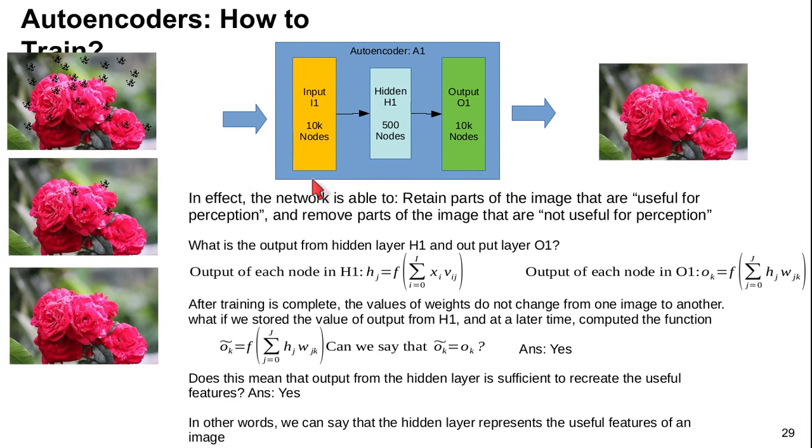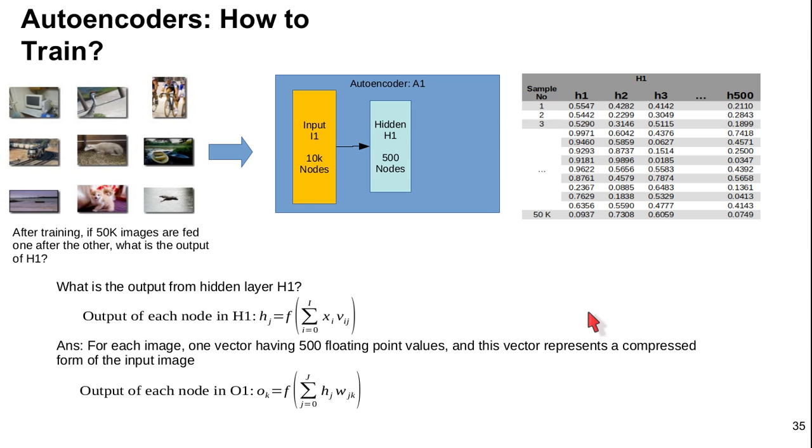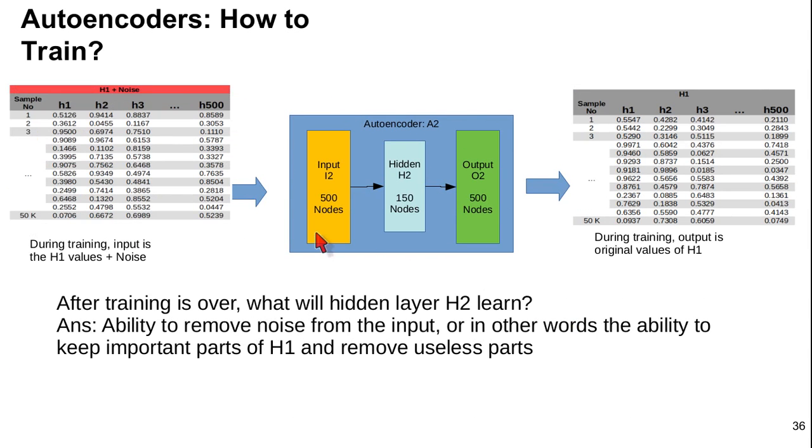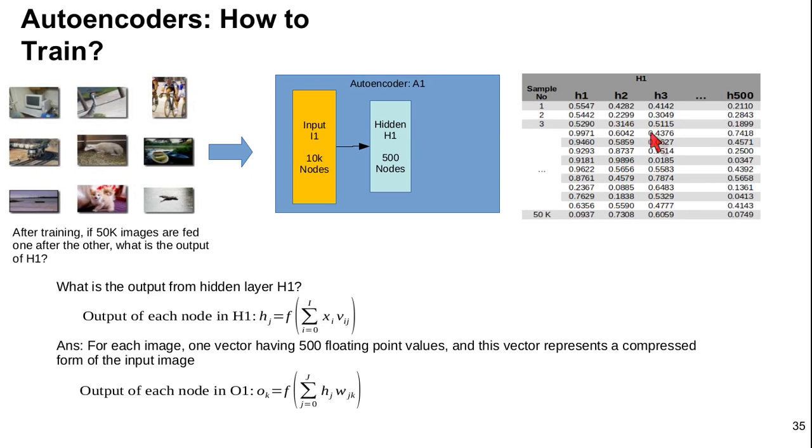Autoencoder A1 was trained to take as input images that contain noise in them, and in the output layer remove this noise. Let us train an autoencoder A2 which has a slightly different configuration and operates on the features that are obtained from hidden layer H1 of autoencoder A1.